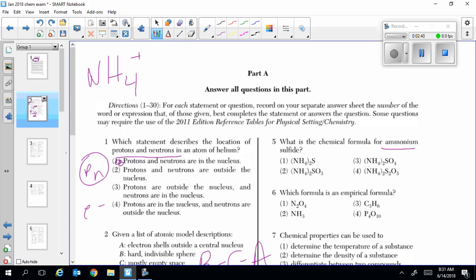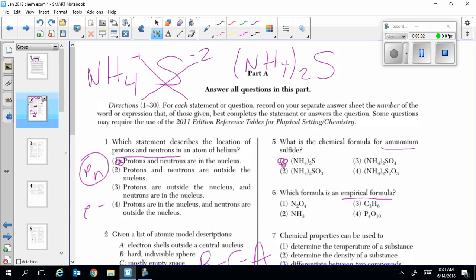Well, sulfide is not on table E, and ending in -ide is just a normal element thing. So look up S, and S is a -2. Now I need to crisscross the 2 down there and the 1 there. So I put NH4, my team, in parentheses and show that I want 2 of them, and then sulfur. So there it is.